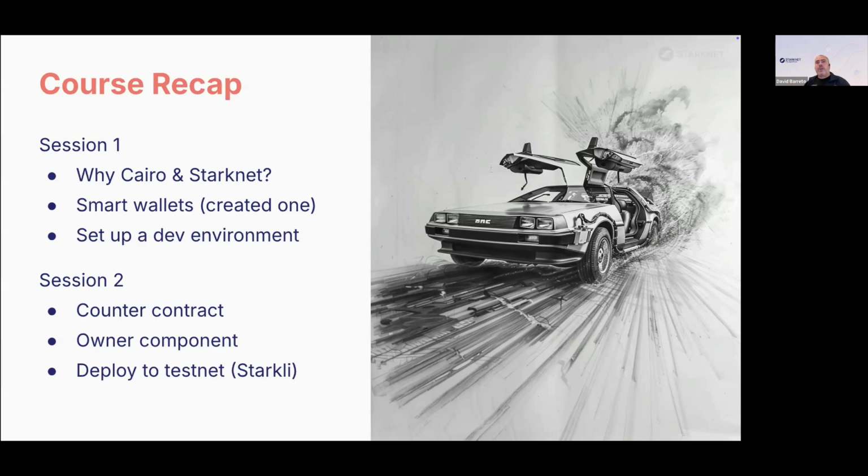In session 2, Okai showed you how to create a smart contract from scratch, where you can increment the counter, decrement, and reset the counter. He also added the owner component, so you know how to use building blocks to improve the capabilities of your smart contract. That component was coming from OpenZeppelin, so we showed you how to integrate the dependency. And then Okai also showed you how to deploy that smart contract to testnet using Starkli, the CLI for Starknet. So that's the recap so far.